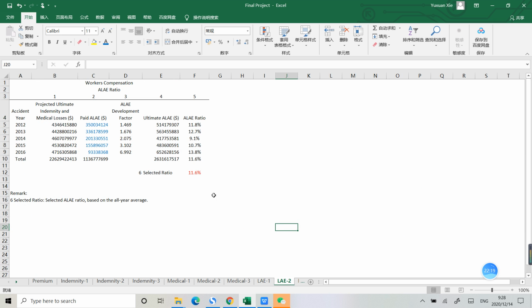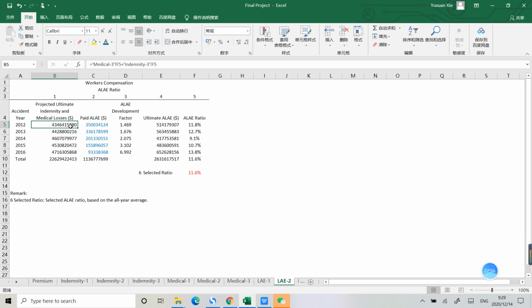And the LAE 2 sheet calculates the ratio of ultimate allocated loss adjustment expense to ultimate projected losses. In this sheet, column 2 is given. The sum of the projected ultimate indemnity and medical losses is displayed in column 1.